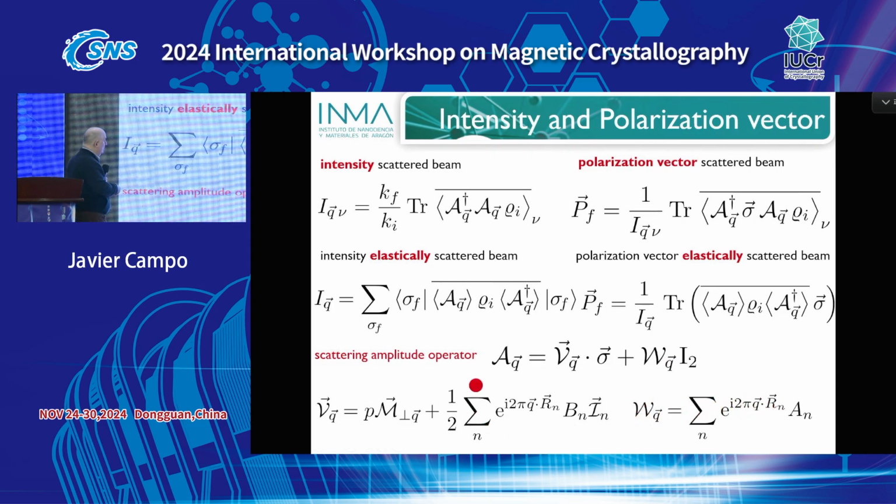But now we will use both interactions at the same time. And we will introduce these two terms here and here. And this will produce the Blume-Maleev equations.